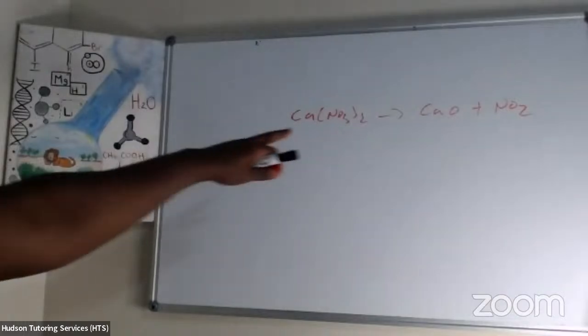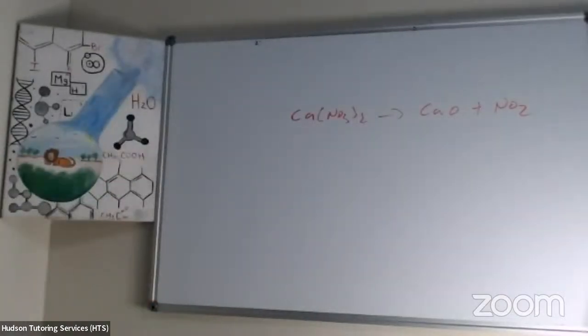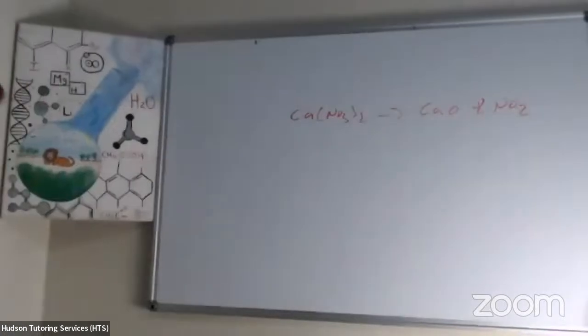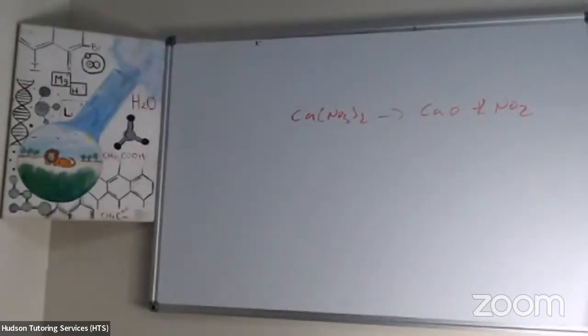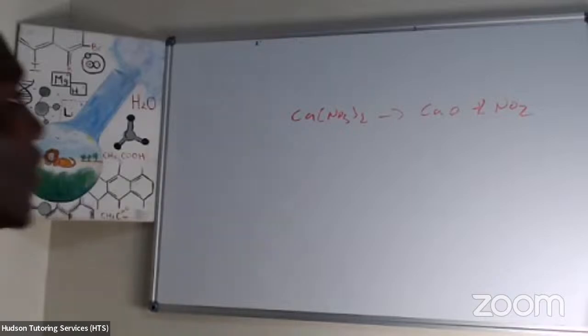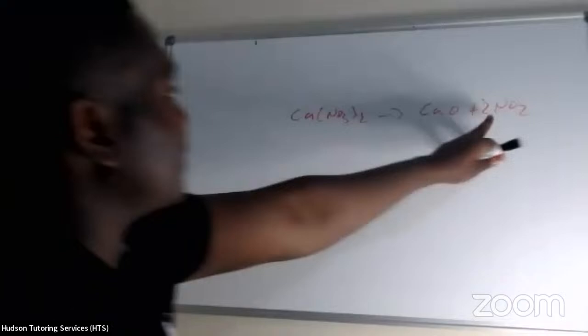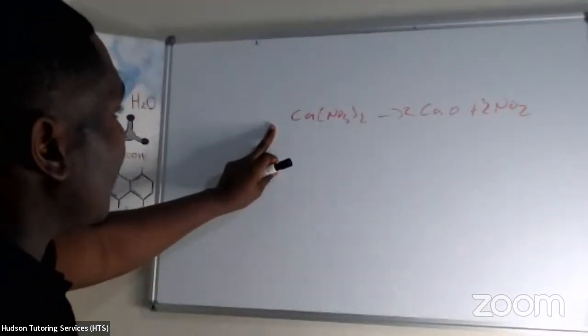We have 6 oxygen, 2 there. So we can actually have a 2 here. Do we need a 2 there though? Let's just look at the reaction. Someone tell me, do we need a 2? Let's balance it. So it's calcium oxide, right? 2 NO2, that's 2 twos is 4.